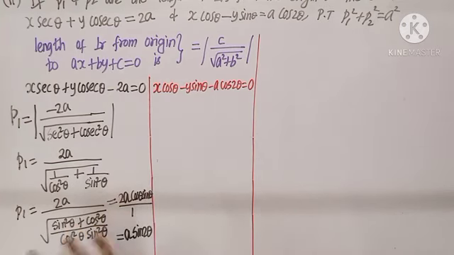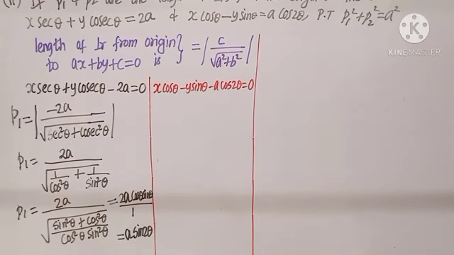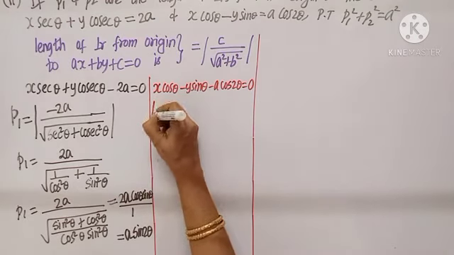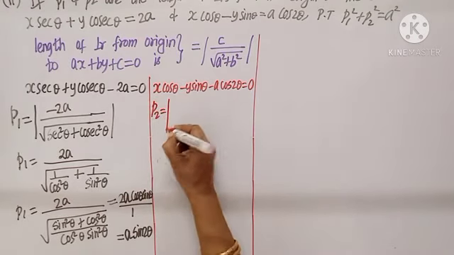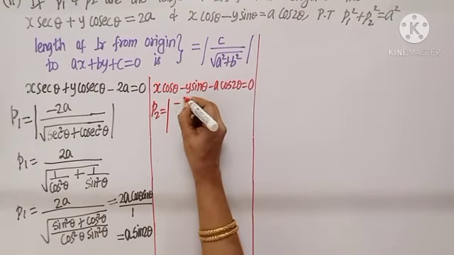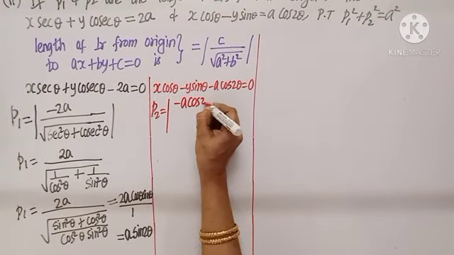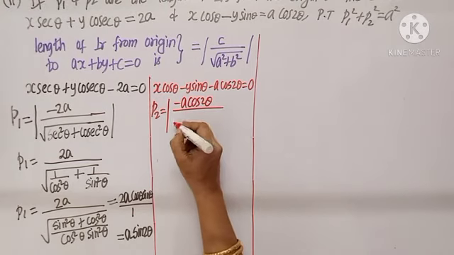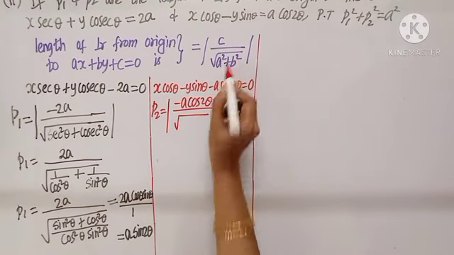The same way, I can find out the length of perpendicular P2 for the second line. P2 equals modulus of C value, minus A cos 2 theta, divided by root of A square plus B square.